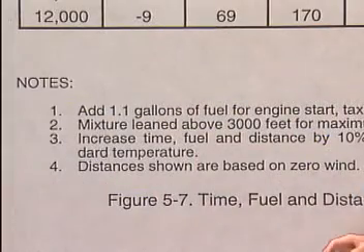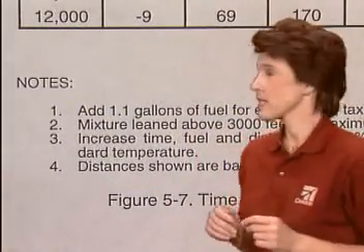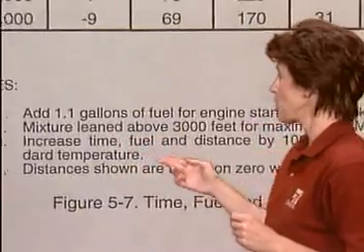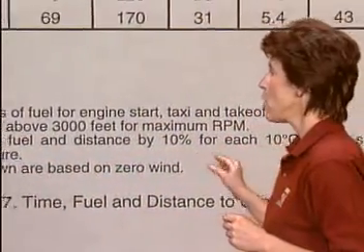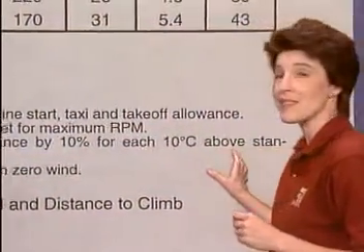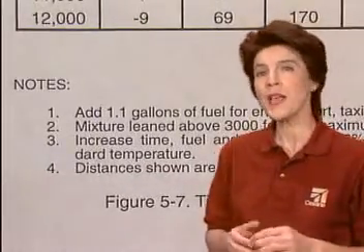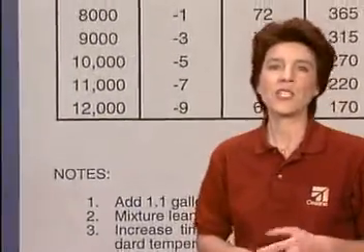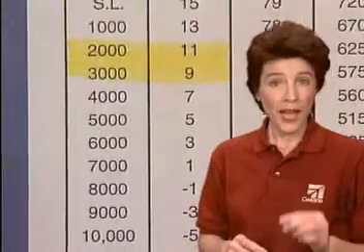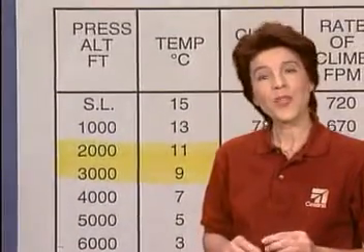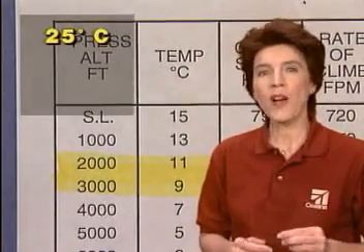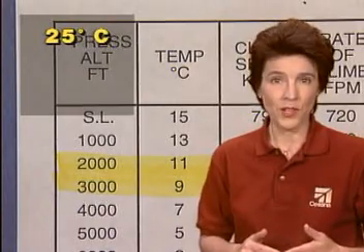Looking down at the bottom of the chart, notice that Note 3 says that you increase time, fuel, and distance by 10% for each 10 degrees Celsius above standard temperature. That's the hard way of saying increase the values 1% for every degree above standard. Your takeoff temperature was 25 degrees Celsius at 2,500 feet.